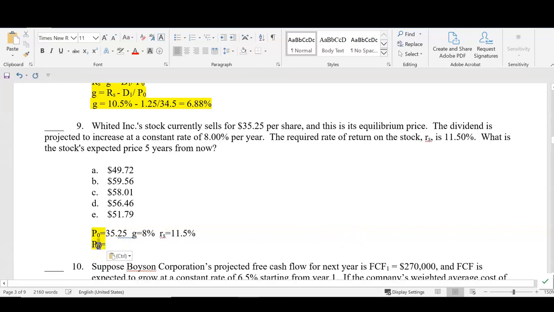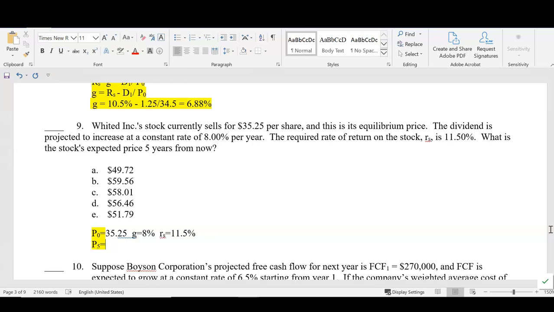What is P5? If we use just the constant growth model, the original model, P5 is going to be D6 over RS minus G. Then you have to solve for D6. D6 is going to be D1 multiplied by 1 plus G to the power of 5.